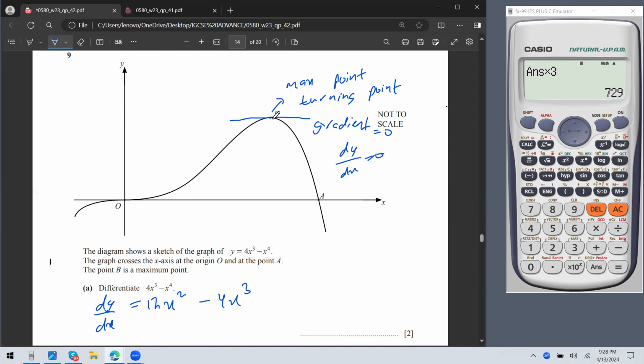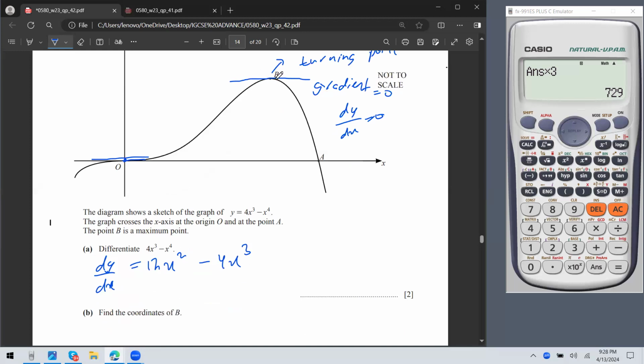Dy by dx is equal to 0 at the turning point, whether it is maximum or minimum. This is also a maximum minimum point. Here also dy by dx is equal to 0. So if you put dy by dx equal to 0, you will get the coordinates of B and O, at least the x coordinates.